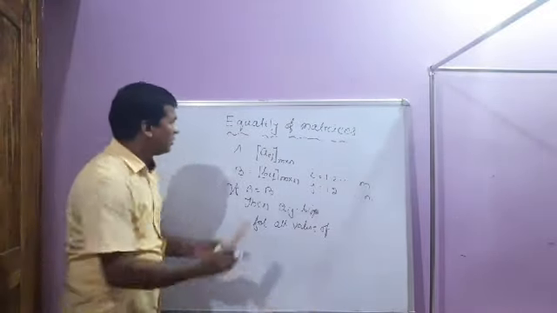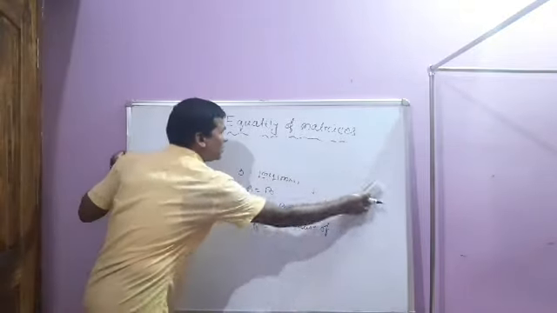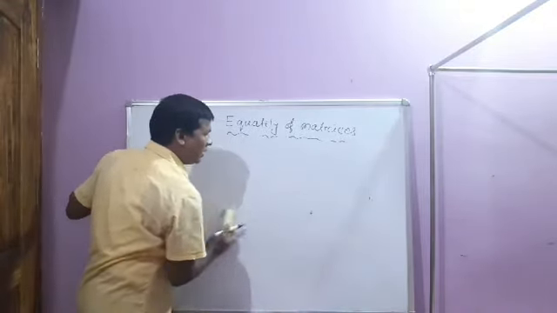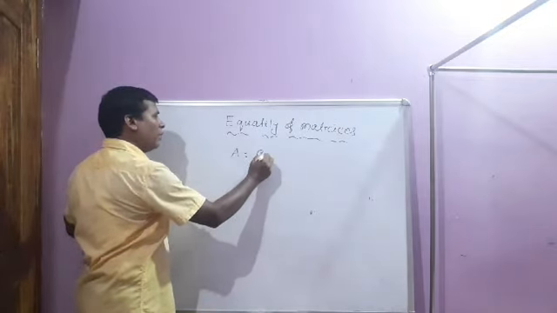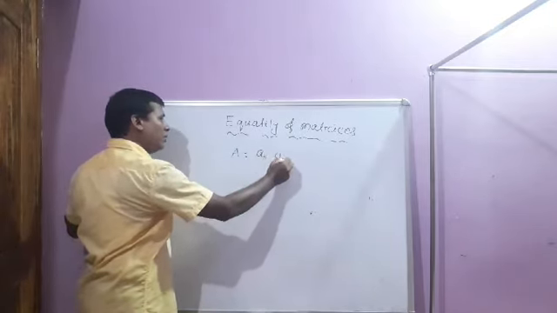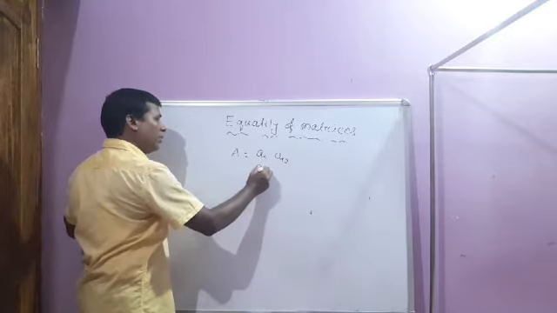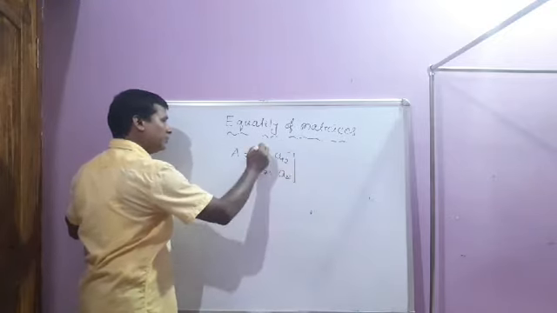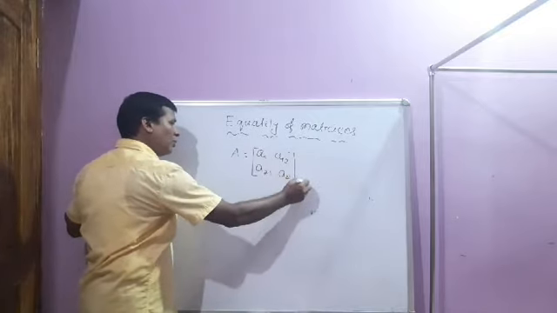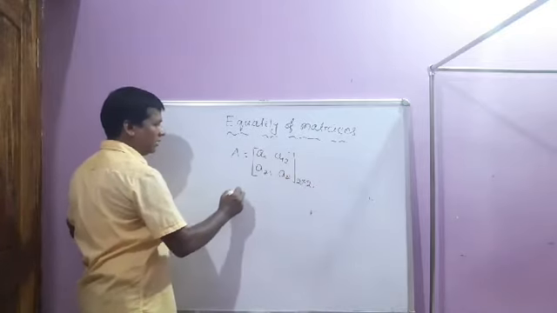Just like this, suppose A is equal to A11, A12, A21, A22. That means a 2 cross 2 order matrix.